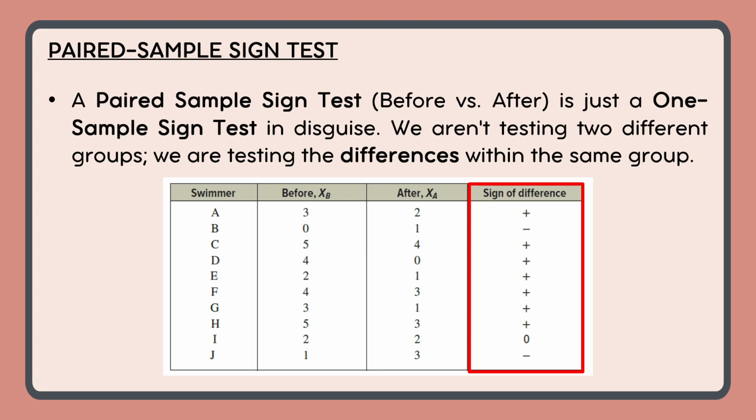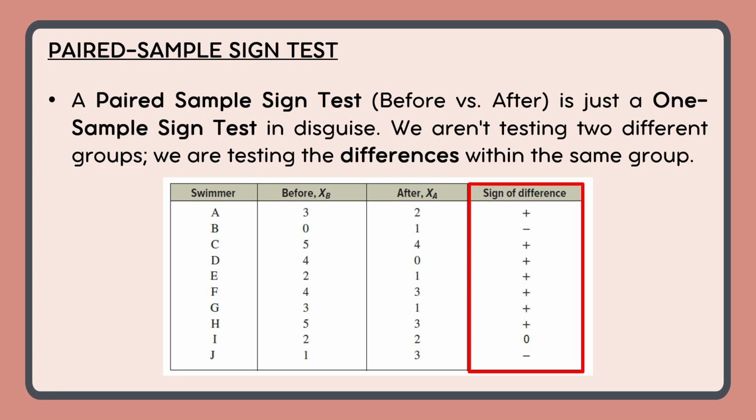An example for that is a before and after scenario. To get the number of positive and negative, we will subtract the before data minus the after data. If the difference is positive, then of course we will assign it with a positive sign. Otherwise, it will be negative.